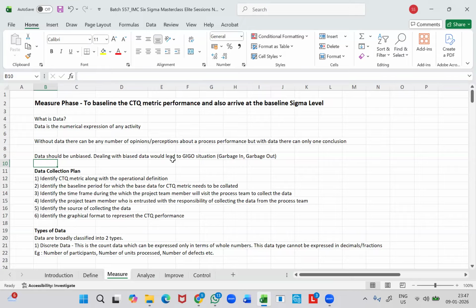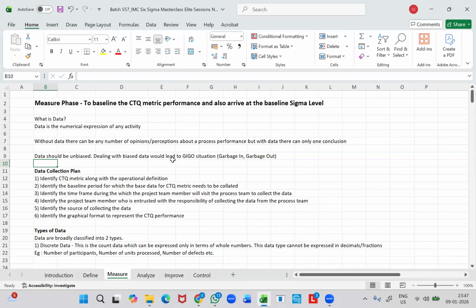Suppose the inspection team, in order to show the operations team in a better light to the management, decides that they are not going to consider the defective sample units for accuracy calculation. What will be the accuracy percentage of that operations team month after month? It will always be 100%, right?